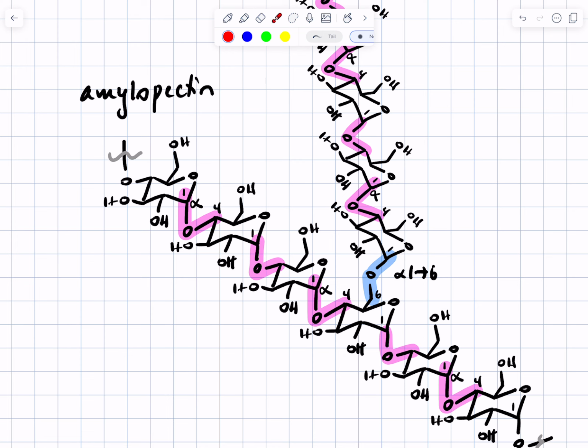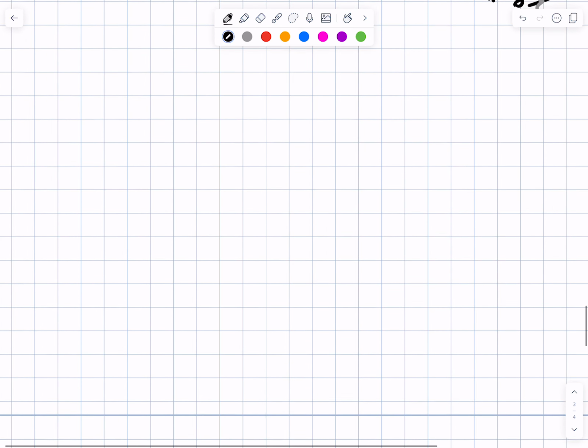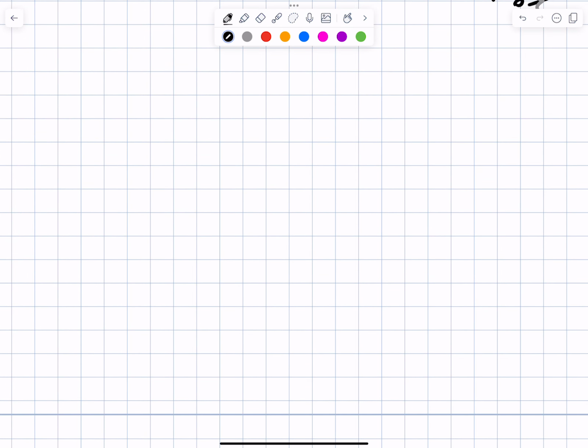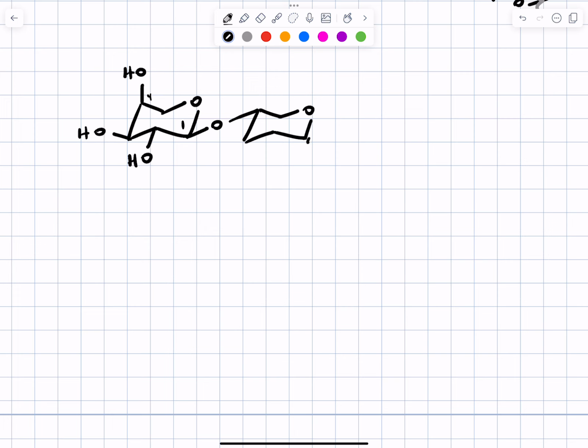All right, let's do a few more. Couple that you may be aware of. This is galactose because the C4 hydroxyl is up. And then this is glucose. We'll put a squiggly line on the C1 of the reducing end of the molecule.